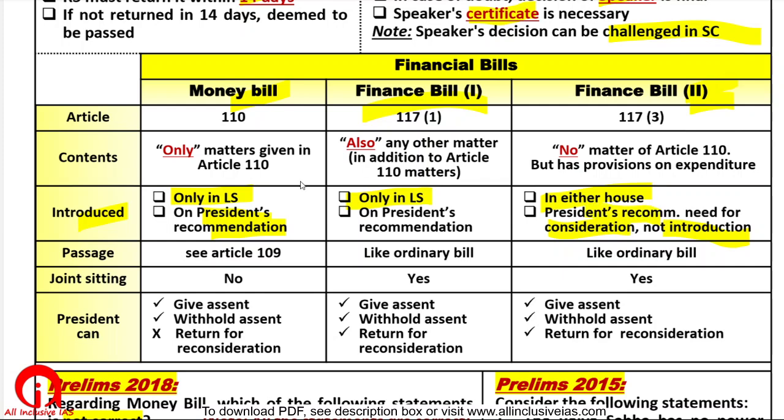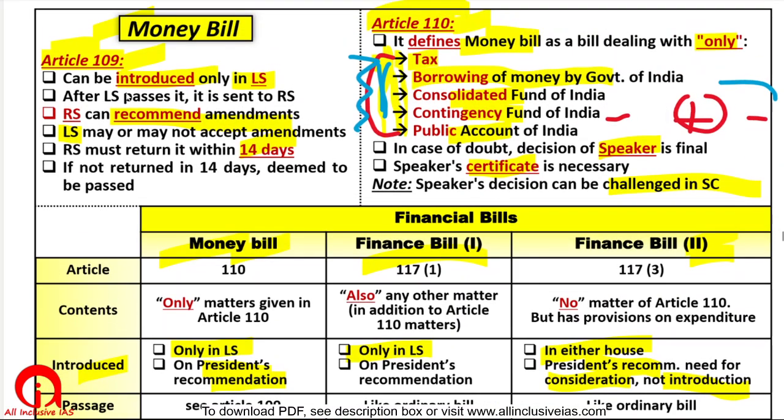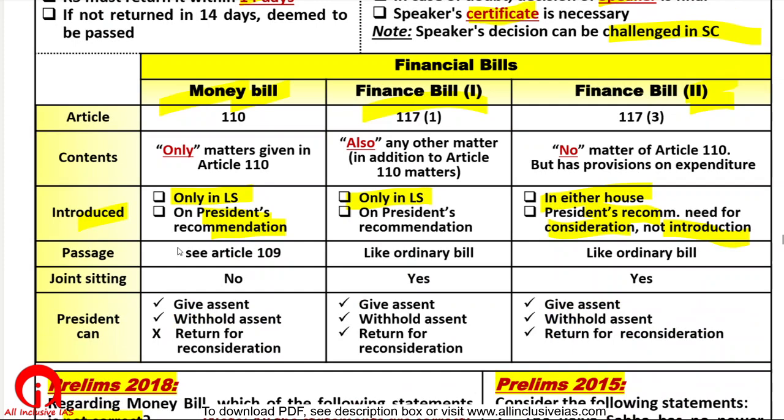Fine. How is a money bill passed? I explained to you. Lok Sabha will pass it, Rajya Sabha may amend it, but that does not matter. Ultimately, it is the Lok Sabha that decides everything in case of a money bill.